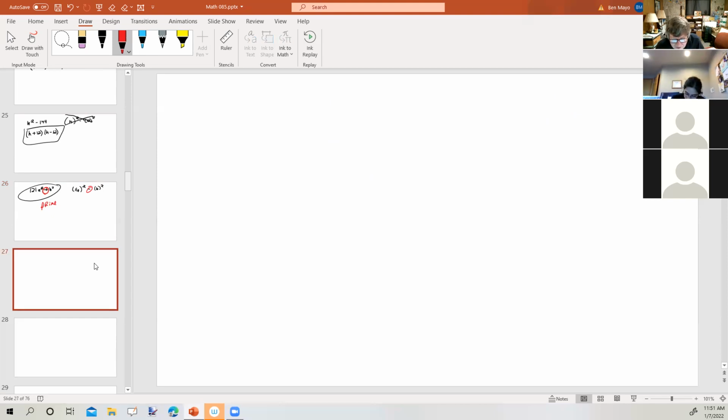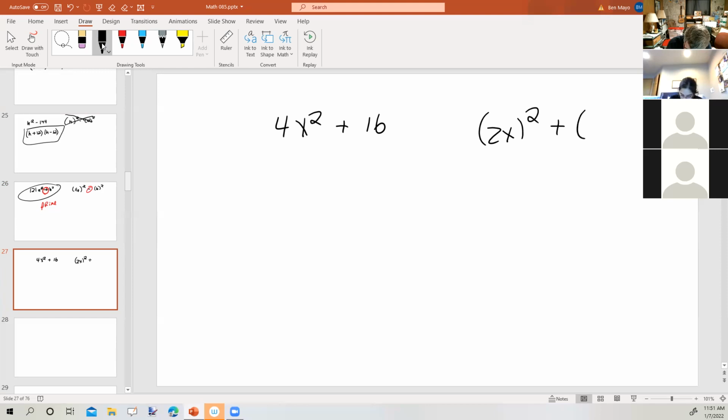Does that mean that the sum of two squares doesn't factor? Well, be careful. Let's take a look at this. This is the sum of two squares. It's 2x, the quantity squared, plus 4, the quantity squared. So it's the sum of two squares. Can I factor it? Yes, because I can take out a greatest common factor.